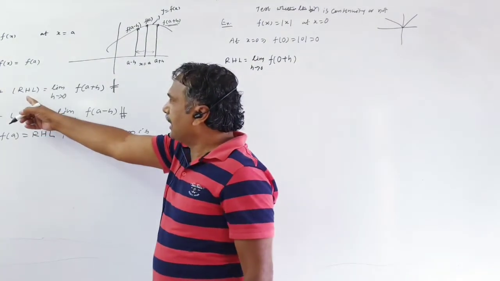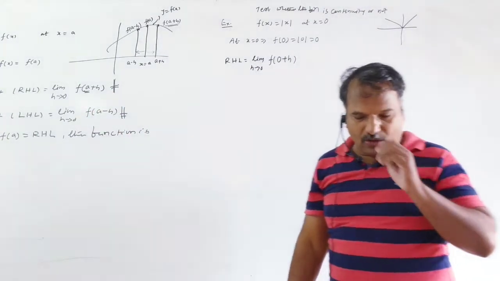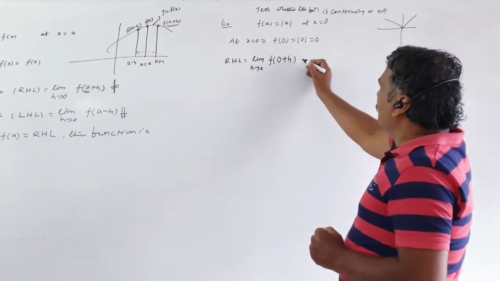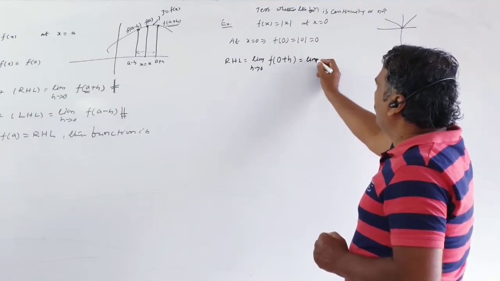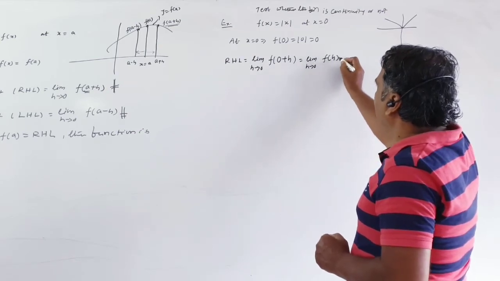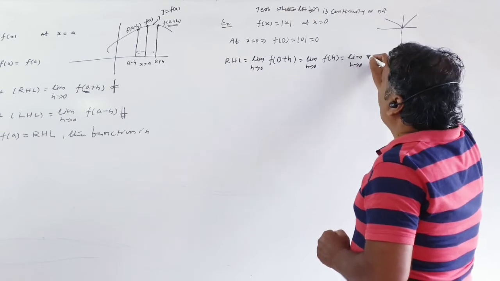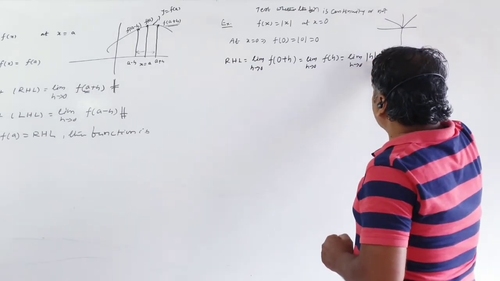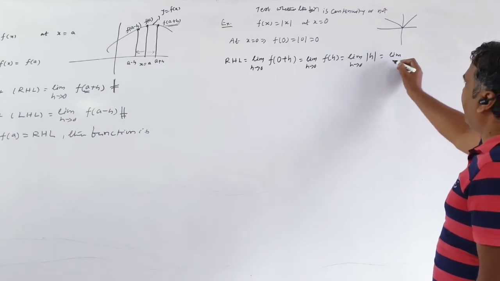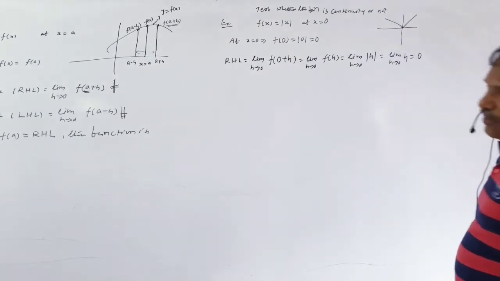Here, right hand limit is a plus h, and here a equals 0. So this part equals limit x tends to 0 of f of x, so limit x tends to 0 of mod of x. So mod of x equals x, which equals 0.